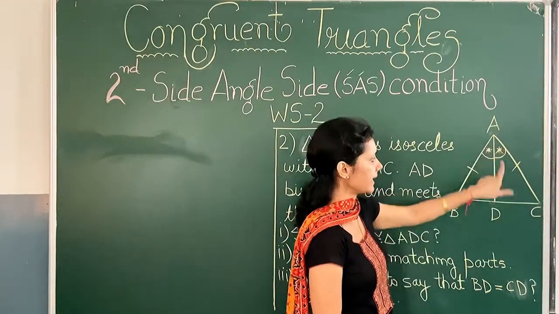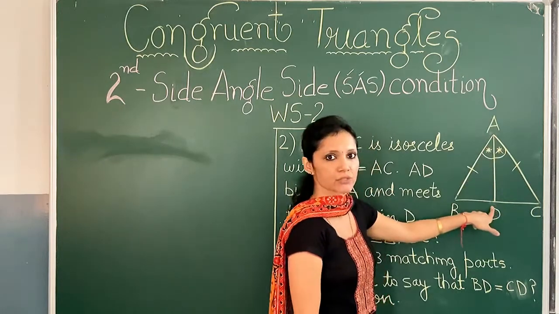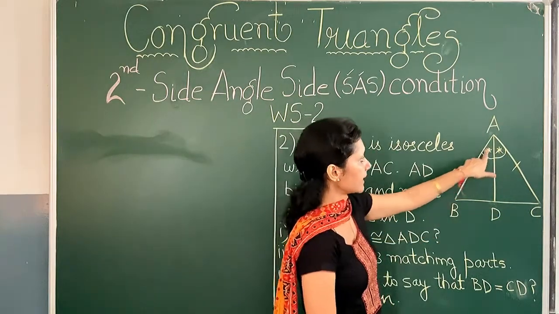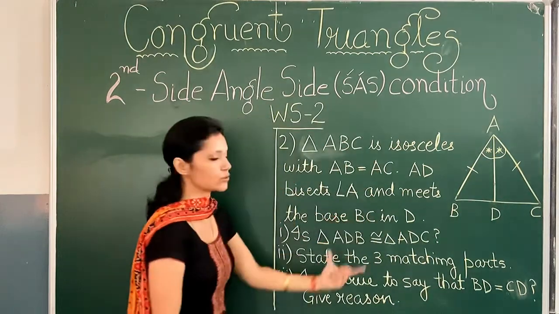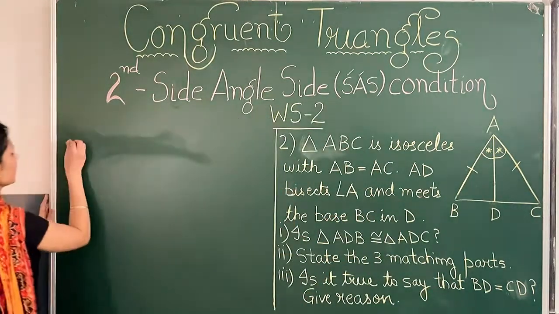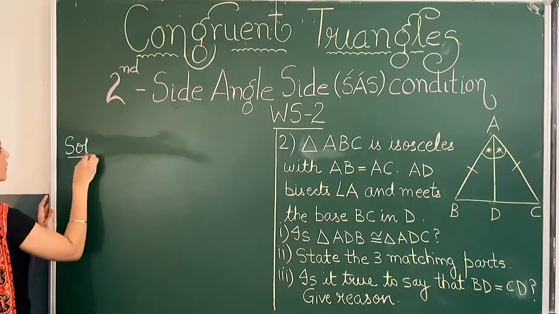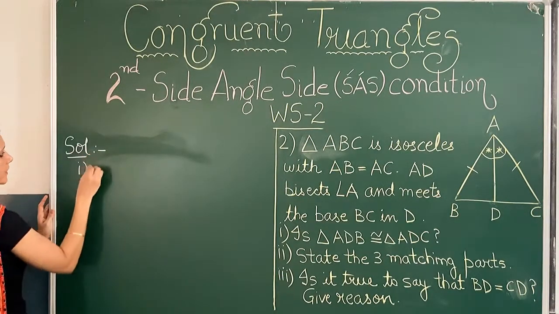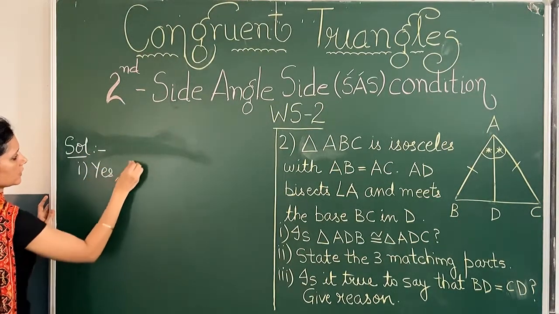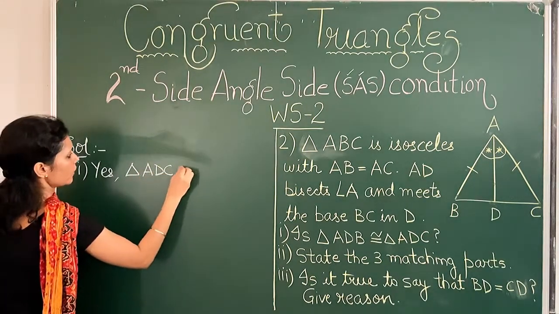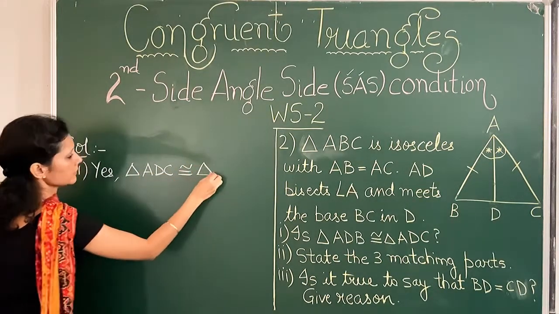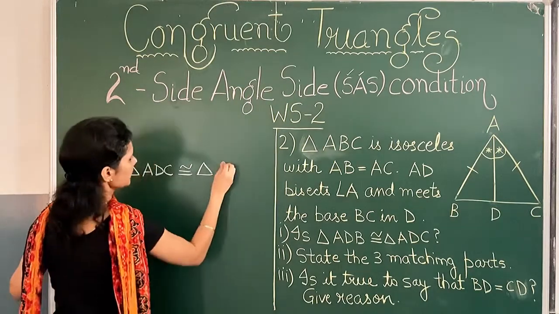So we can say AD is equal to AD. So SAS, side angle side, all the three conditions are satisfied. So we will say yes, these two triangles are congruent. So the solution for the first part is yes, triangle ABC is congruent to triangle ADB.